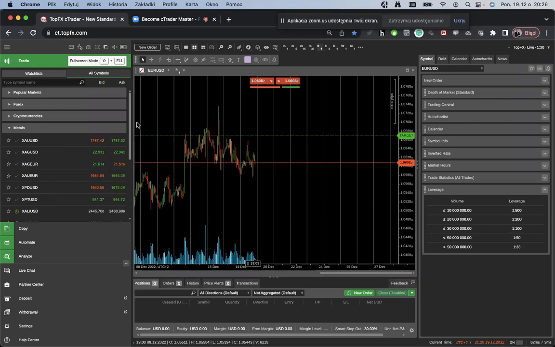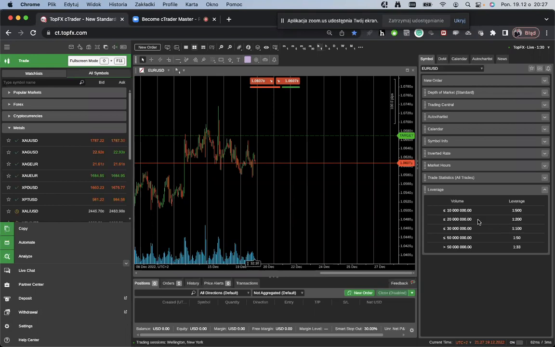So what did we learn today from our quick meeting regarding the dynamic leverage and regarding the smart stop out? The first thing is that the dynamic leverage for every pair can be found here. Below 10 million, which is, of course, below 100 lots, the leverage is 1 to 500.